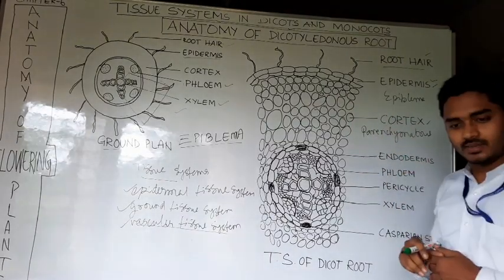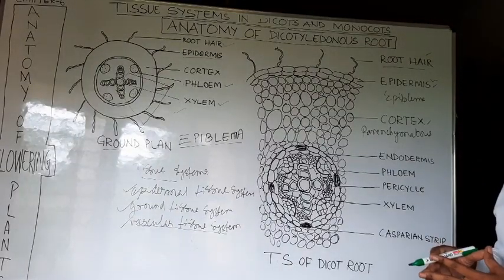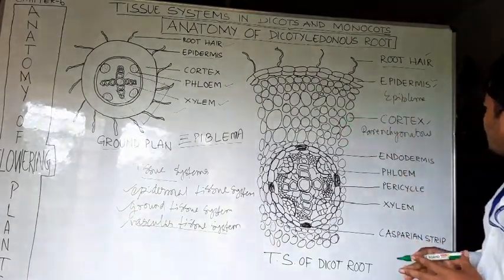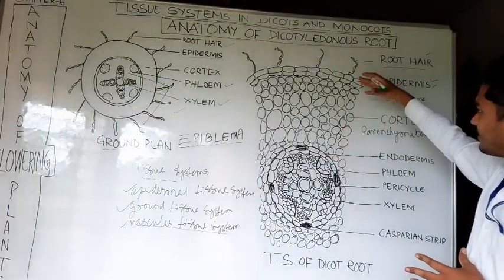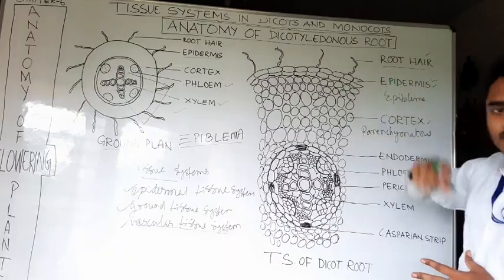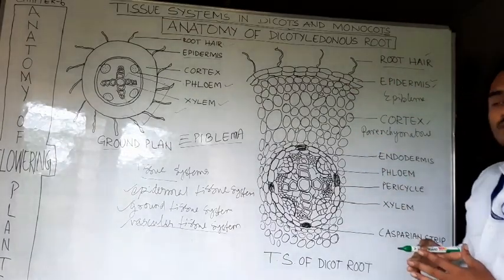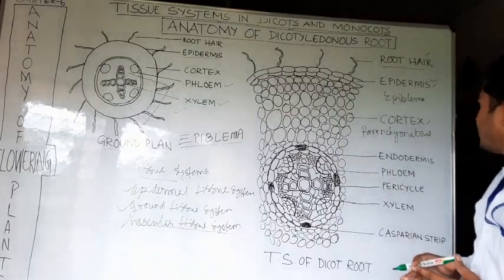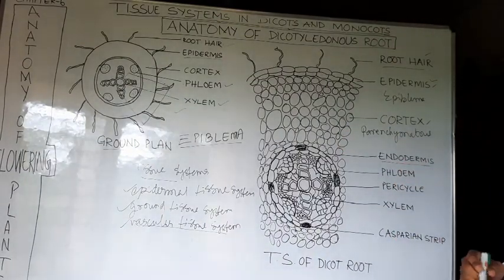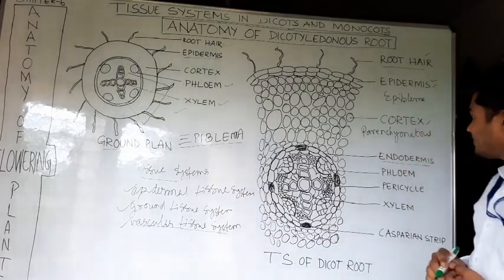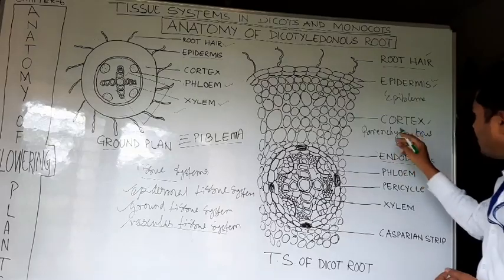So the cortex is made up of parenchymatous cells, and beyond the cortex many layers of parenchymatous cells are present, loosely arranged, with intercellular space, and the innermost part of the cortex is known as endodermis. So whenever you describe the endodermis, just mention that the endodermis is the innermost part of the cortex.